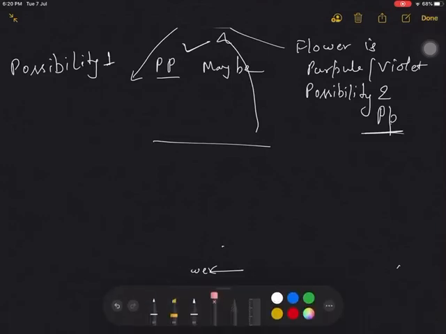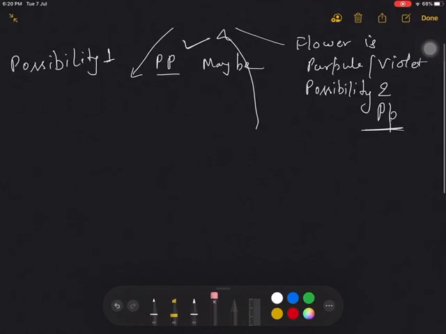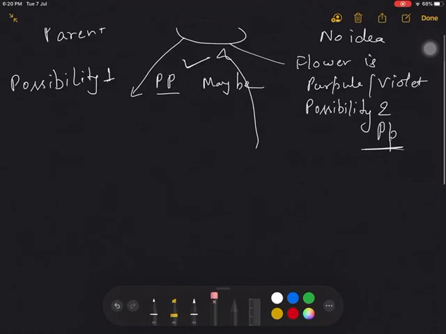There is a second possibility. So how can we represent it? See here. In this part, in the next possibility, the flower is purple and violet, possibility number 2.